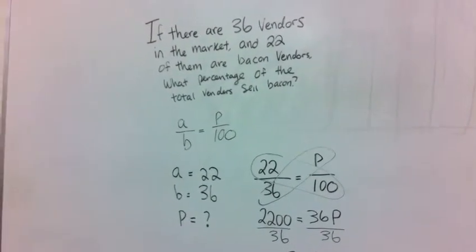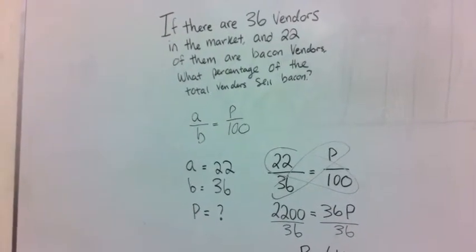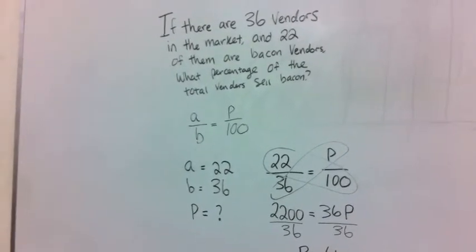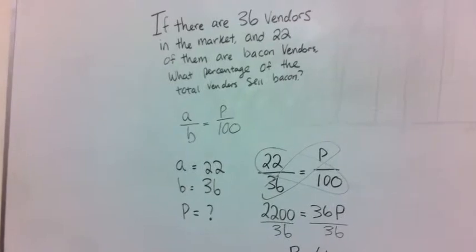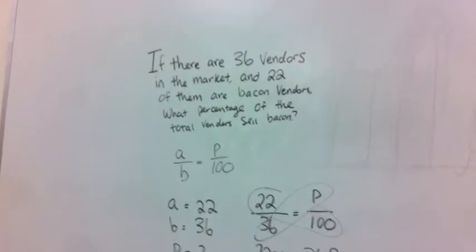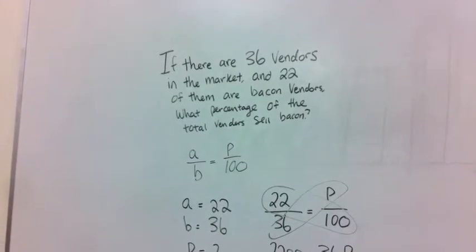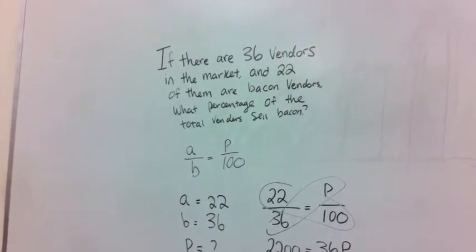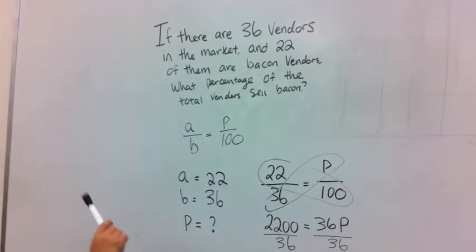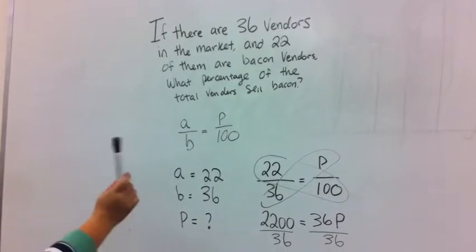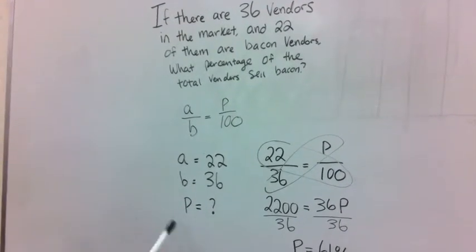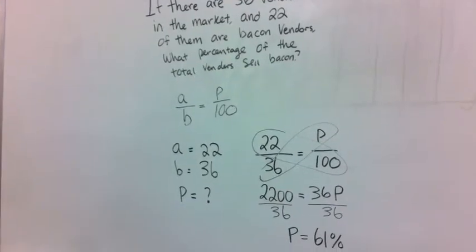Here's an example of a cross multiplication problem using the formula A over B equals P over 100. If there are 36 vendors in the market and 22 of them are bacon vendors, what percentage of the total vendors sell bacon? So we can say that A would be the 22 vendors, B would be 36, and we are solving for P percent.